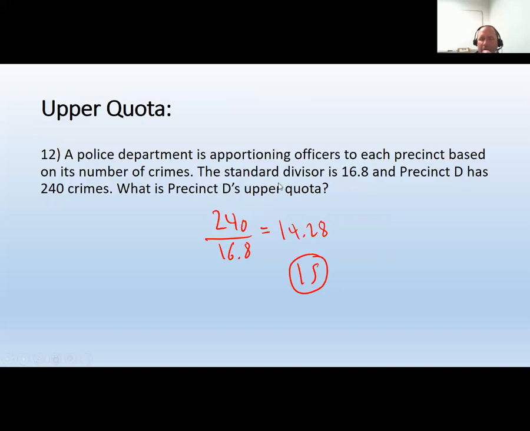It's more of a trivial question. Just knowing what your upper quota is is what it's testing you on. What would the upper quota be if you had 15.71? 16. Right, so that's all it's really testing here. Does anybody else have any questions?